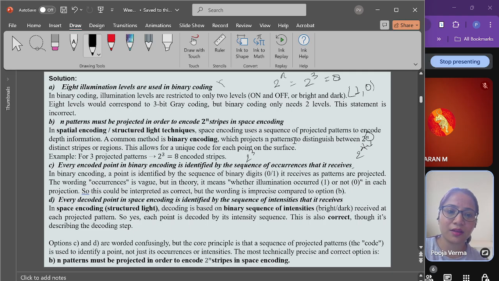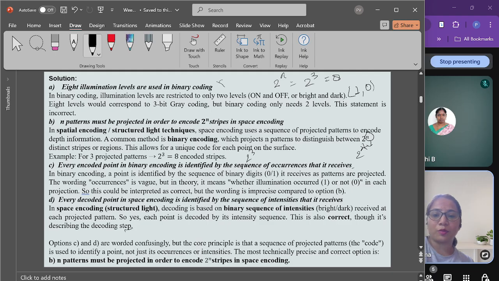This can also be correct, though it is describing the decoding step. So in options C and D, the wording is confusing. But the core principle is that a sequence of projected patterns, that is the code, is used to identify a point, not just its co-occurrences and intensities.